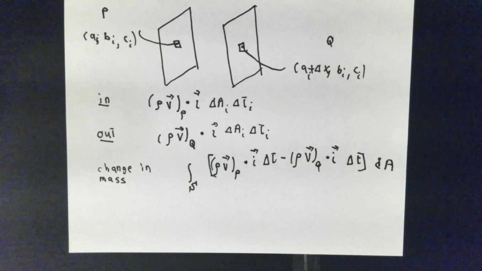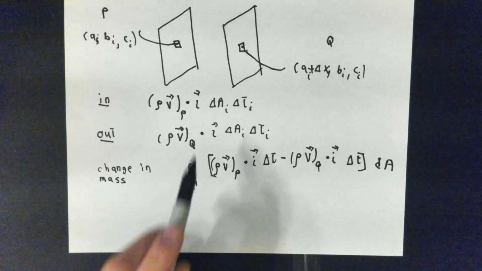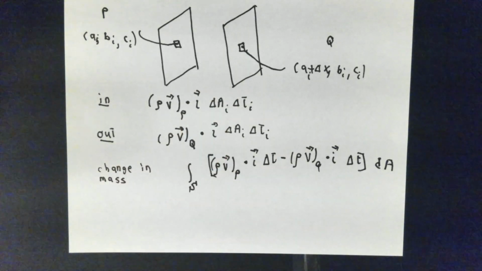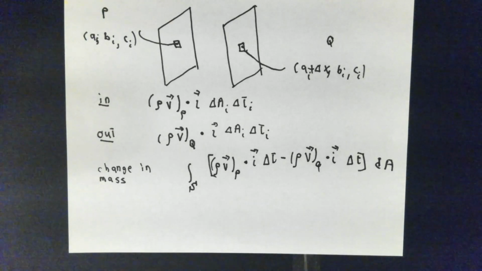The change in mass will be the integral over the square, which I've very carefully rigged to be congruent for both of these two pieces, of the amount that flows in minus the amount that flows out.